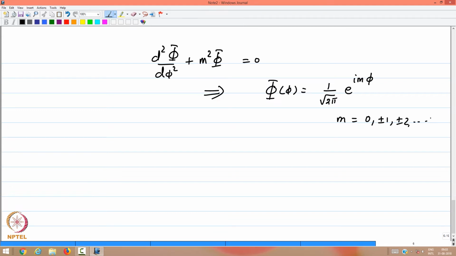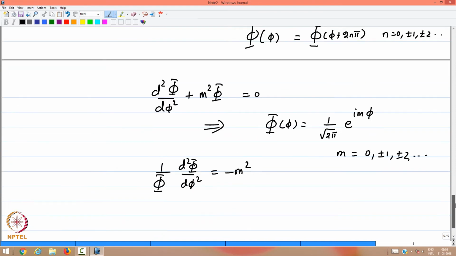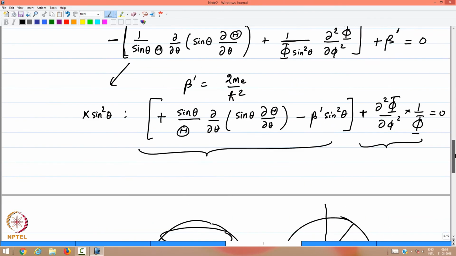Okay. If we put this equation, namely 1 by phi d square phi by d phi square as minus m square, then you go back to the angular equation. Here we have equated this whole thing to minus m square, and therefore this is plus m square, and m is a constant, and the phi equation tells you m is an integer, okay, plus or minus.